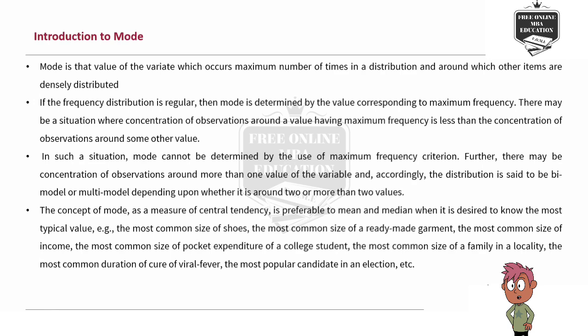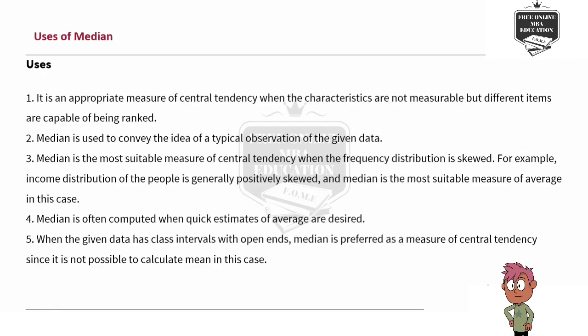Then we have mode. But going to the box plot from the previous classes, see, box plot is like this, and it has a 5 point summary.